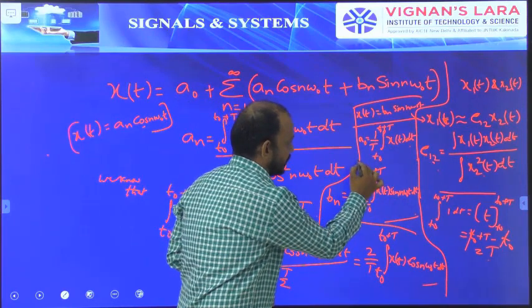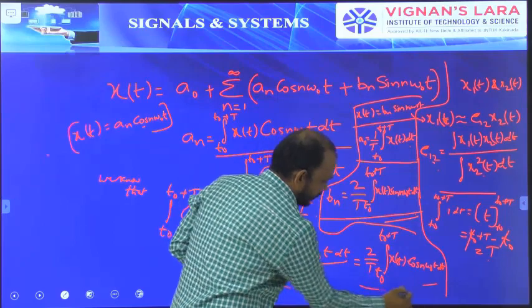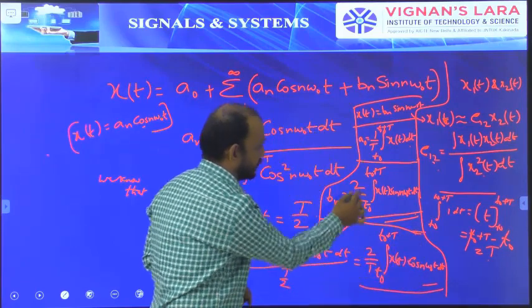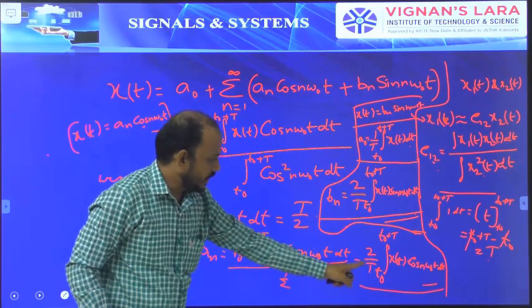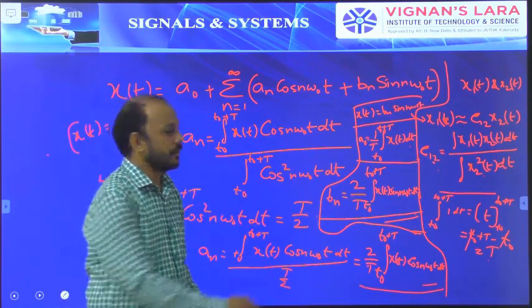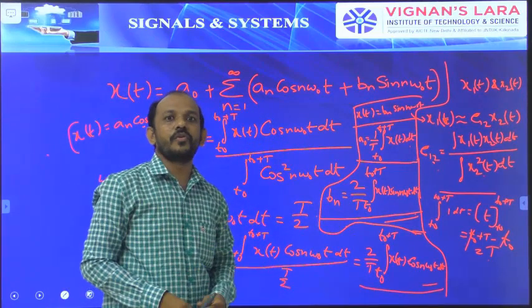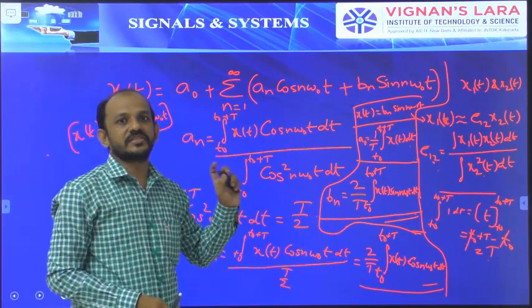So remember these three are very, very important. This is the value of a0, this is the value of an, and this is the value of bn. These three are the trigonometric Fourier series coefficients.